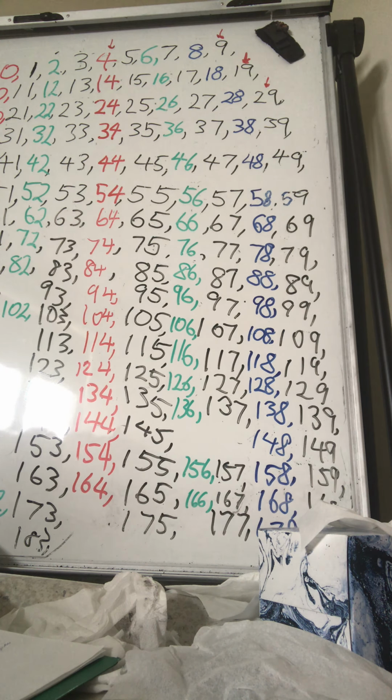What's 2 times 0? 0. 2 times 1 is 2. 2 times 2 is 4. 2 times 3 is 6. 2 times 4 is 8. 2 times 5 is 10. 2 times 6 is 12. And then 2 times 7 is 14.